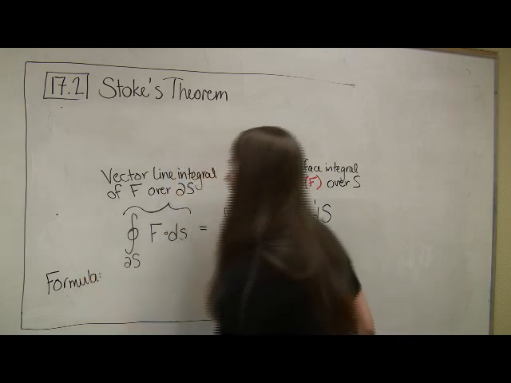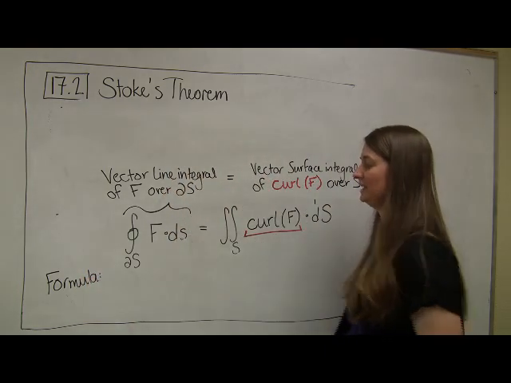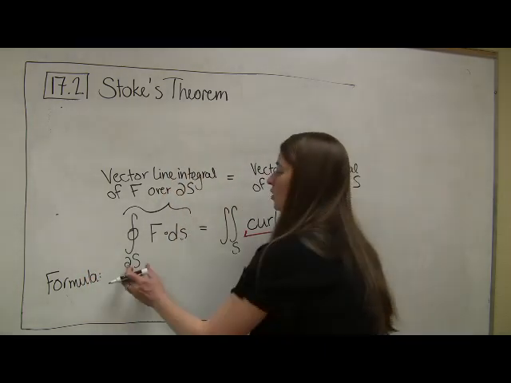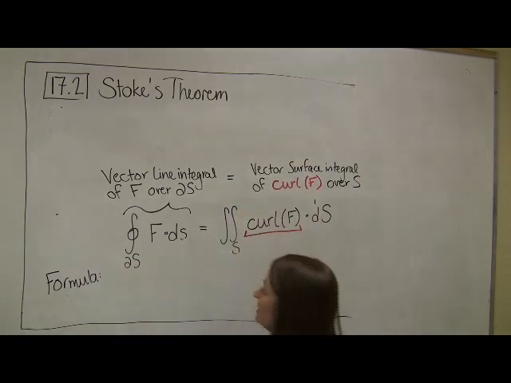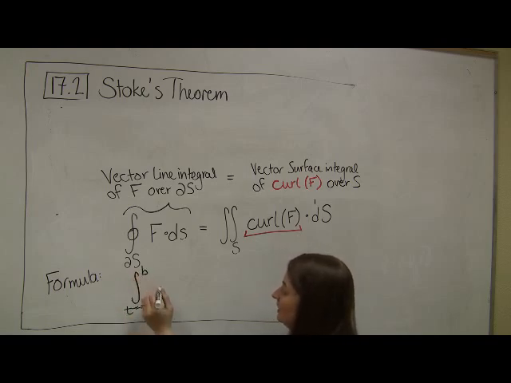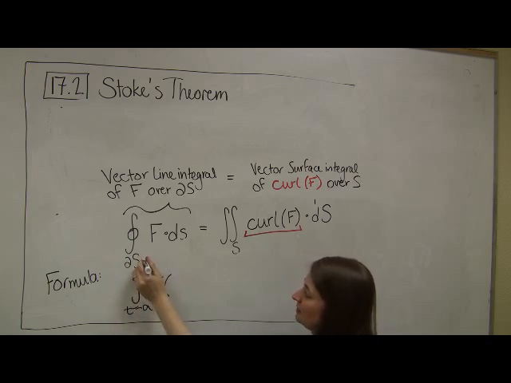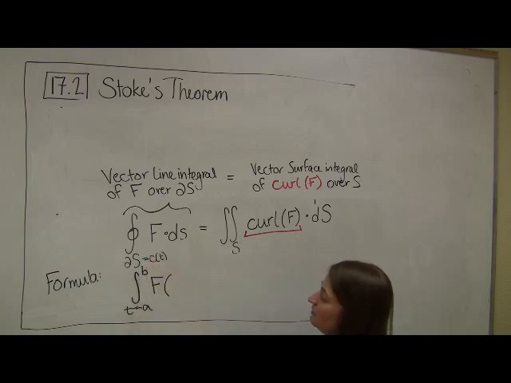Formula. When actually computing this, we need some pieces to be able to compute it. We're going to parameterize our boundary as a function of t, and so typically we're going to call this an integral as t goes from a to b of F of, in this case, I'm going to let my boundary of S be parameterized by some function c of t.